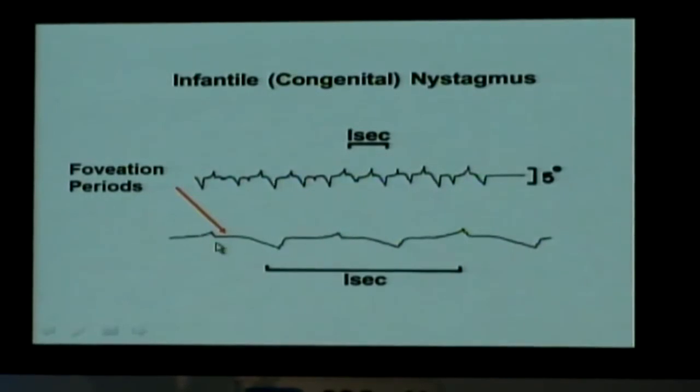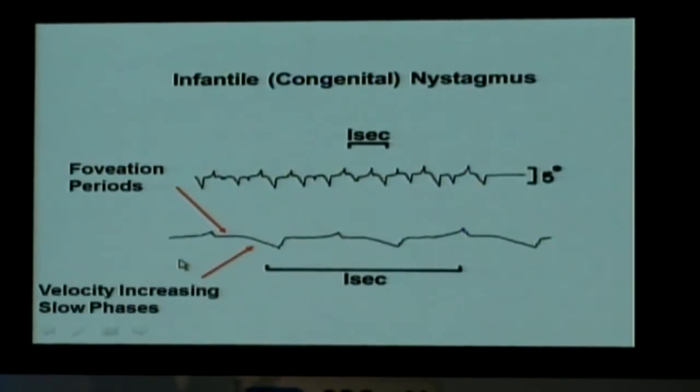There's a foveation period after each quick phase when the eye is flat, and then it takes off. This is a velocity increasing slow phase that I mentioned to you. And then this is what we call a braking saccade. So it stops the oscillation. This is congenital nystagmus. She had no symptoms related to that, but the headaches were kind of worrisome.